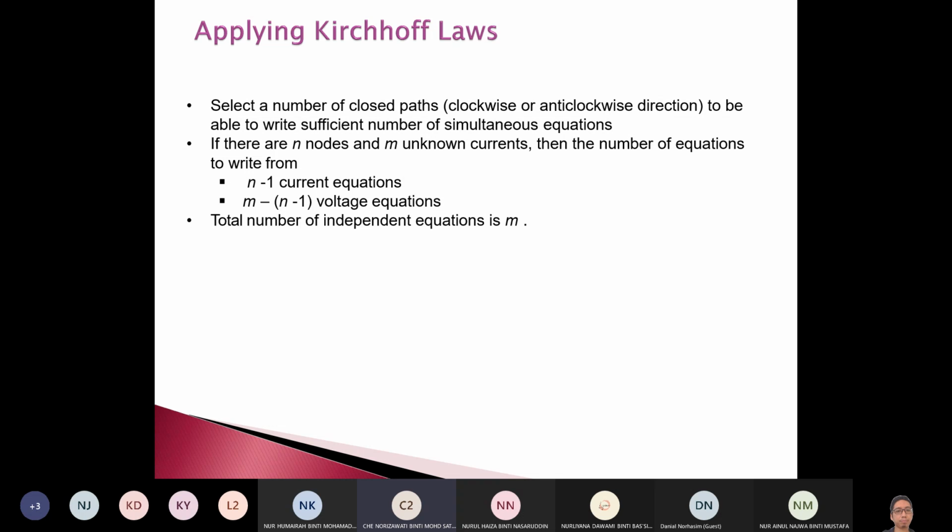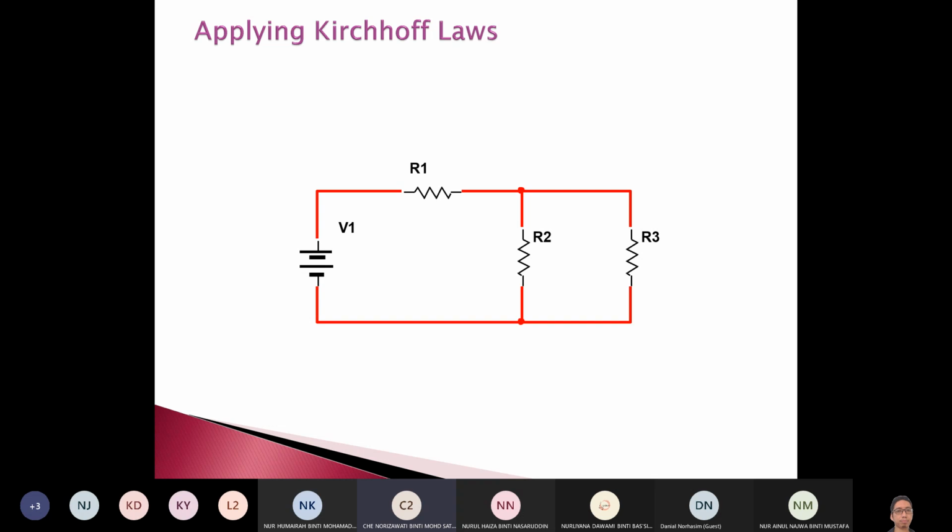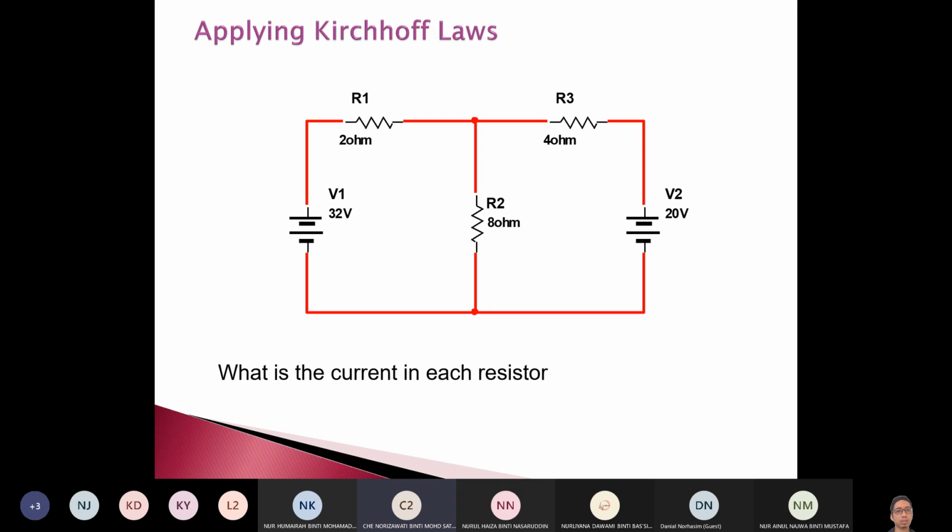All right, so let's look over here. What is the current in each resistor?